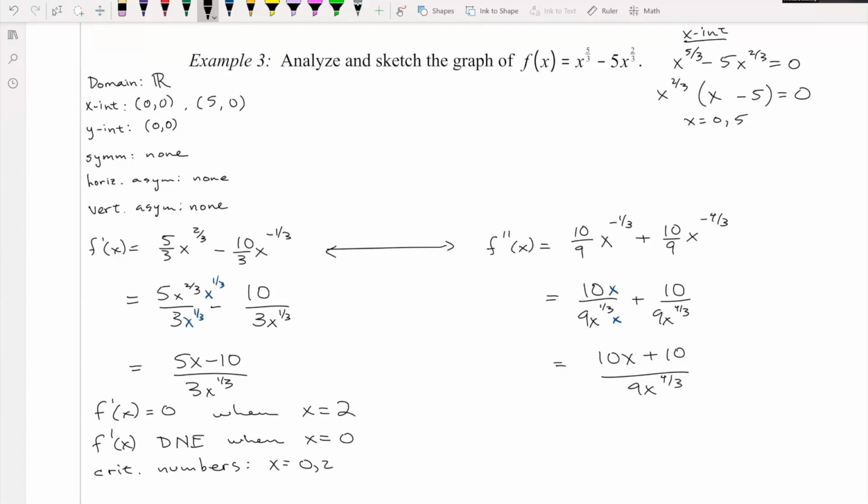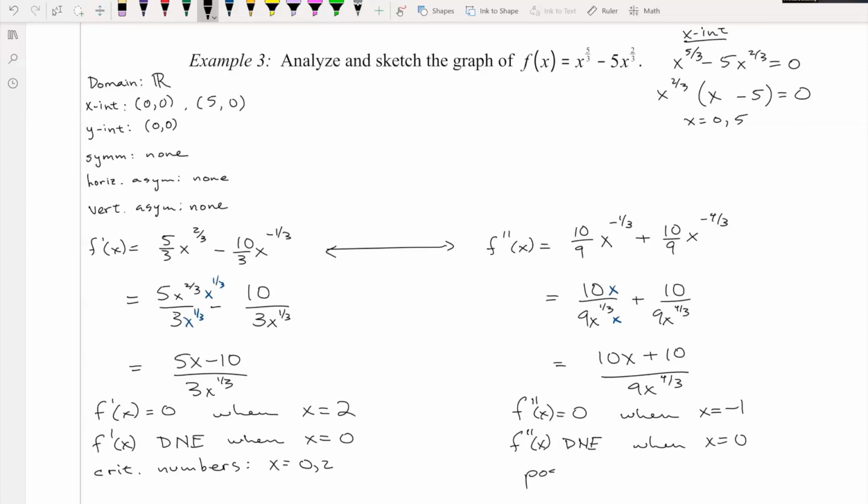Now I'm going to find my possible points of inflection. F double prime of x equals 0 when x equals -1. We also have f double prime of x does not exist when x equals 0.